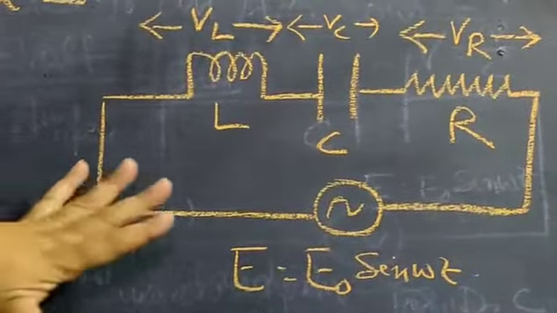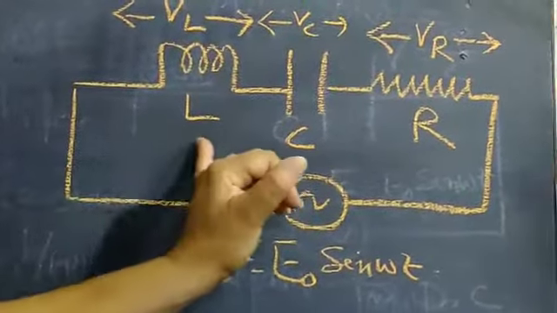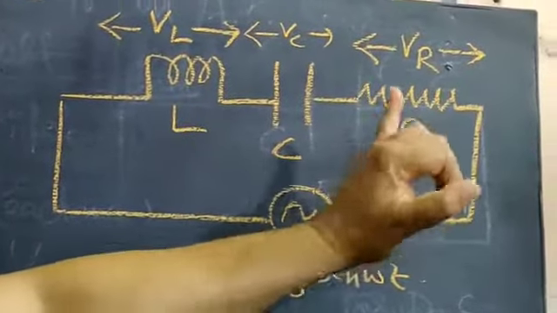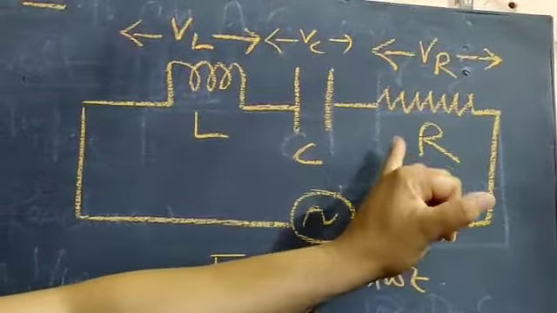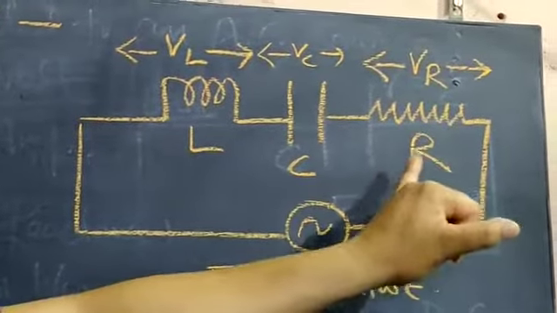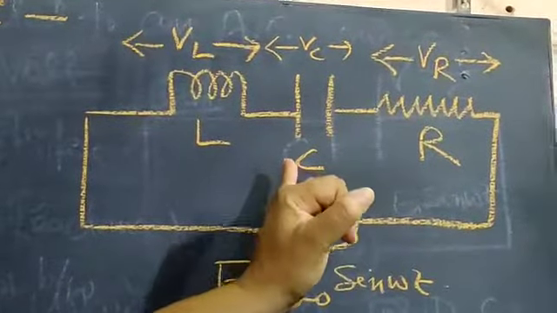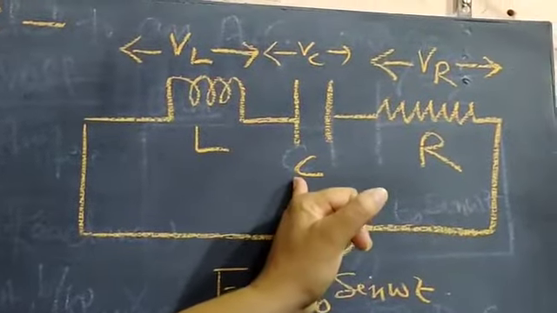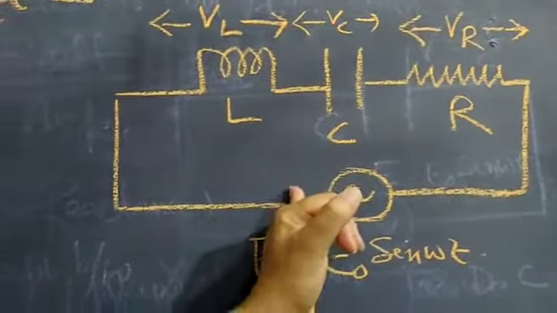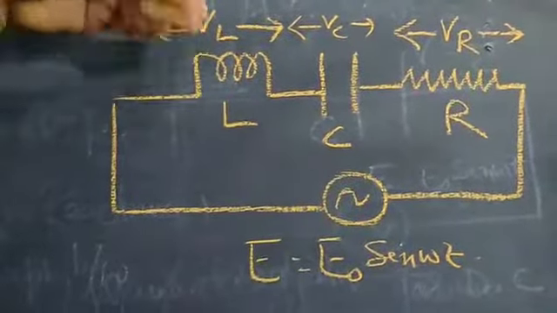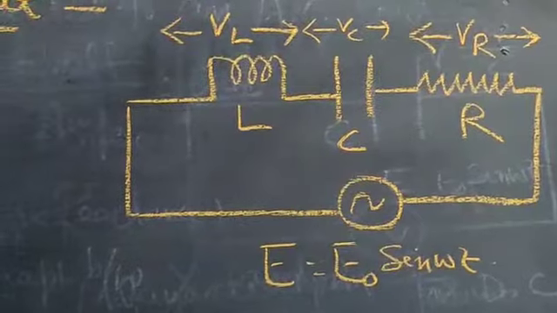So current remains at its own position. In resistance, the voltage is with the current. In capacitor, voltage is 90 degrees behind the current, and in inductor, voltage is 90 degrees ahead of the current.